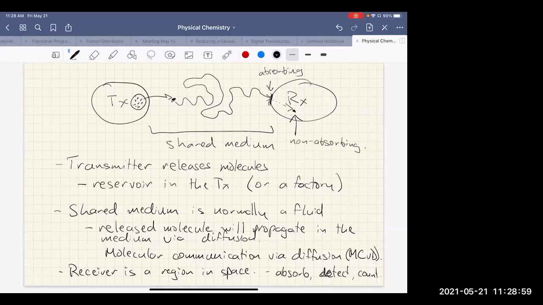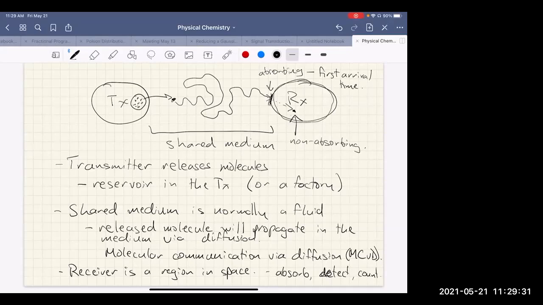And you can imagine the differences between these two types of receiver. For an absorbing receiver, the most important thing is first arrival time. In other words, the time at which it arrives on the surface. A non-absorbing receiver, strictly speaking, is concerned with everything that's happening inside its volume. But the most important thing, it could consider first arrival time.